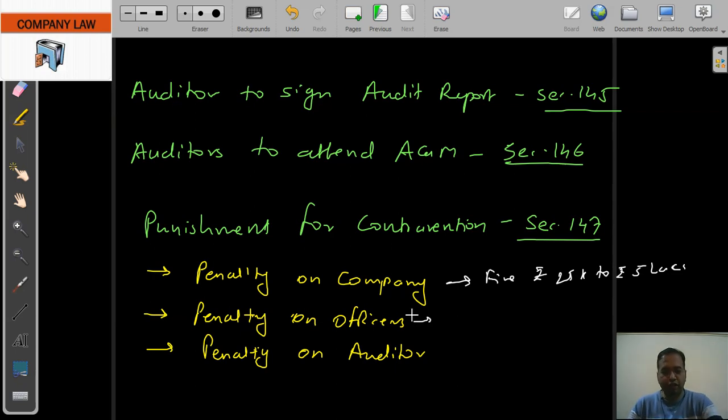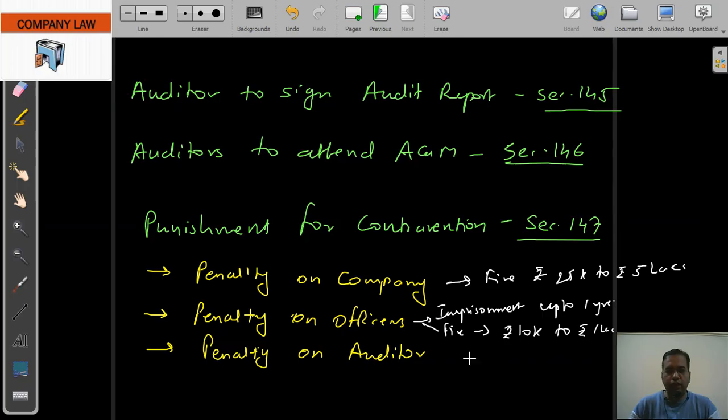In case of the officer, there can be imprisonment up to 1 year, or there can be a fine of 10,000 to 1 lakh.